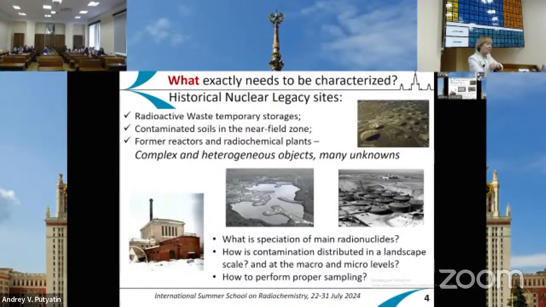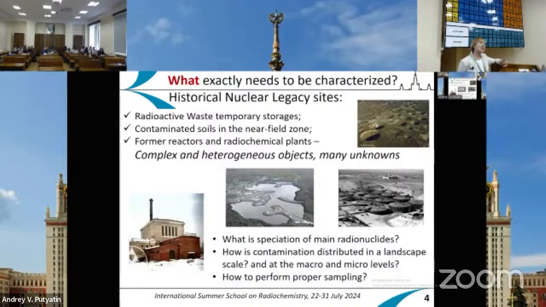What kind of radioactively contaminated objects will we speak about? Firstly, there are a lot of historical nuclear legacy sites in some nuclear countries like Russia, the US, Great Britain, France, and some others.